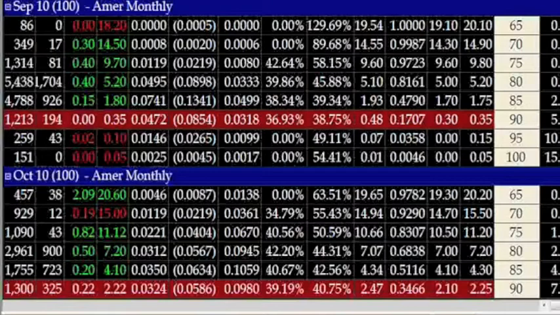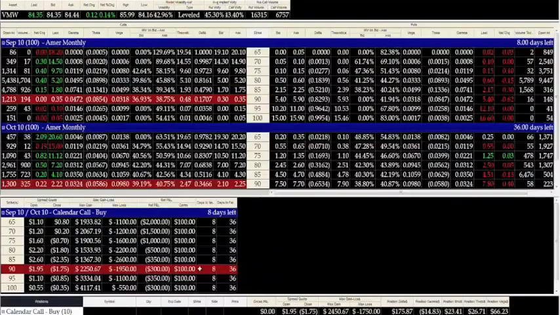The 30-35 market is the 90 strike in September. The 210, 225 market is the 90 strike in October. And what we're going to do here is look at buying the October 90 and selling the September 90.